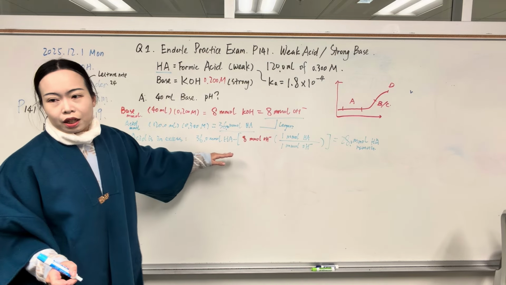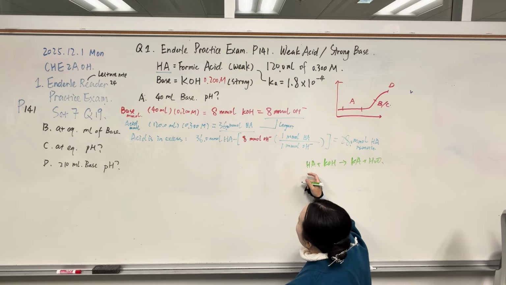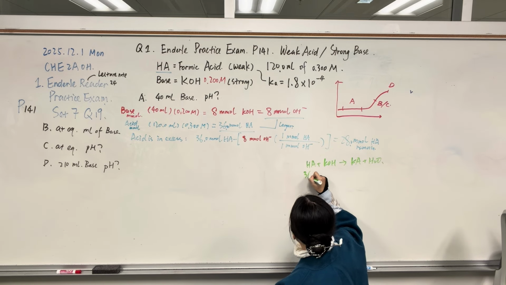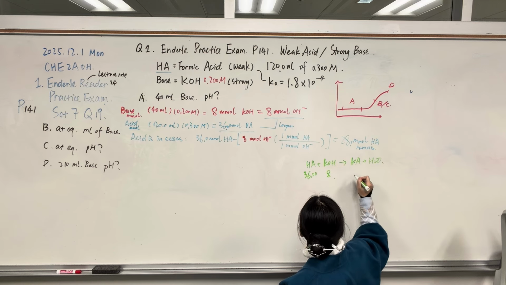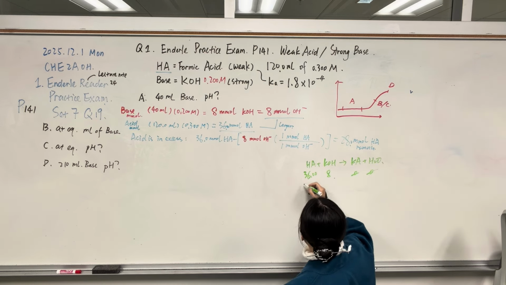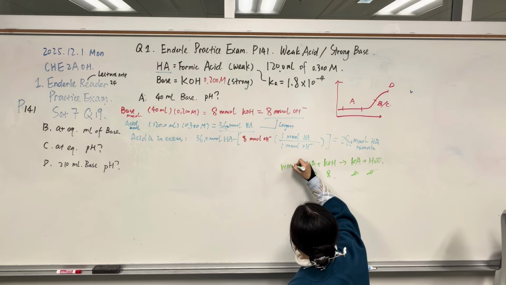Strong base. In my lecture notes, I write HA add KOH form A minus and water. I said I have 36, and my sodium hydroxide is 8. I have 0 for the product, and it's millimole.